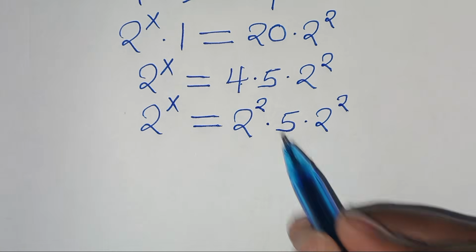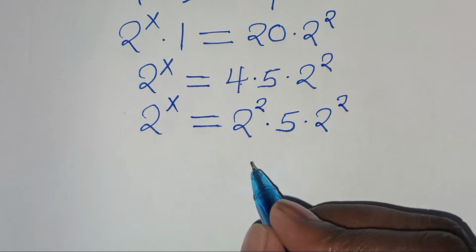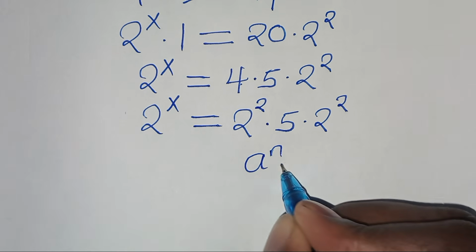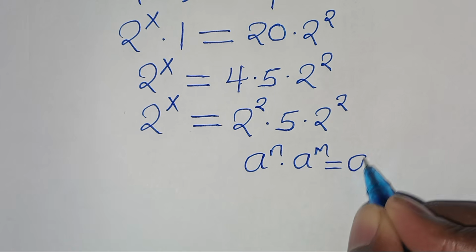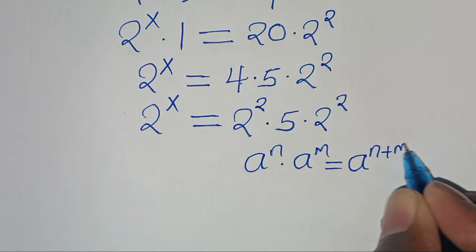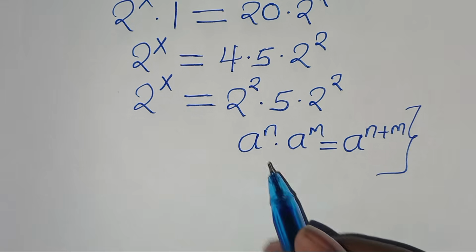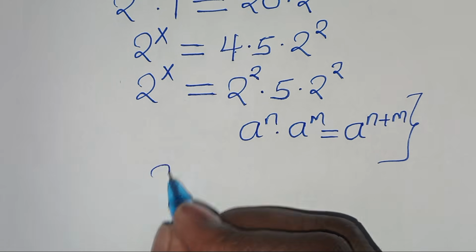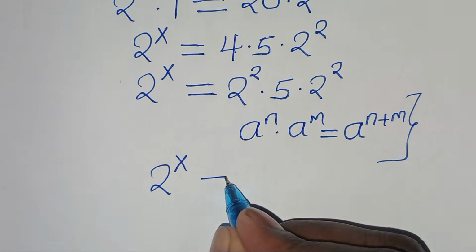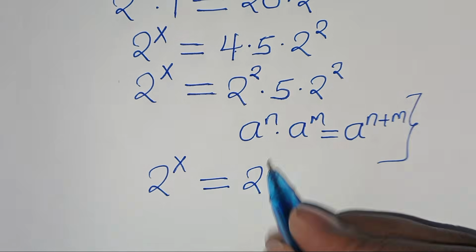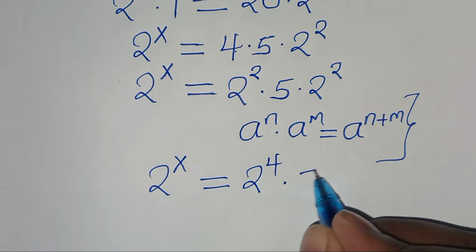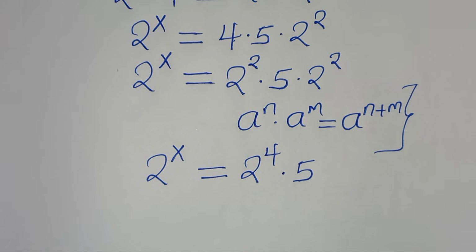So 2 to the power of 2 times 2 to the power of 2 here is in the form of a to the power of n times a to the power of m, which can be expressed as a to the power of n plus m. Applying this exponent property, we have 2 to the power of x is equal to 2 to the power of 2 plus 2, which is 4, then times 5.